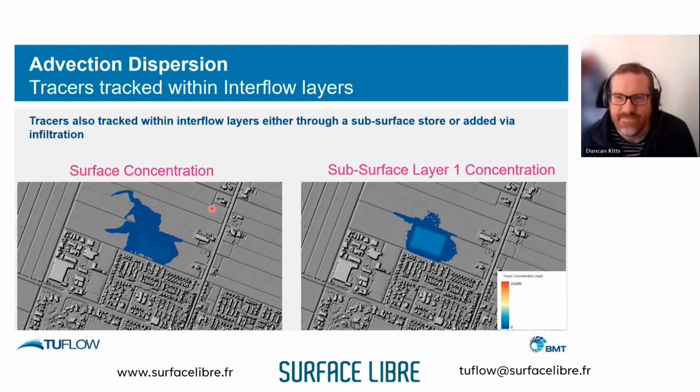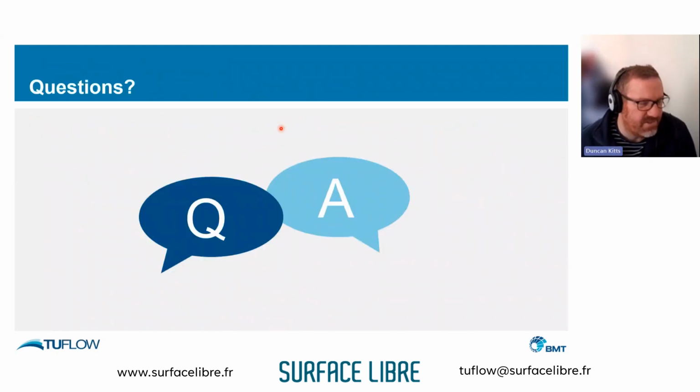Okay. So yeah, happy to answer any questions as always. We have one question. I don't know if you can see them, Duncan, on the conversation. Yeah, so groundwater. We can apply a time varying groundwater level.